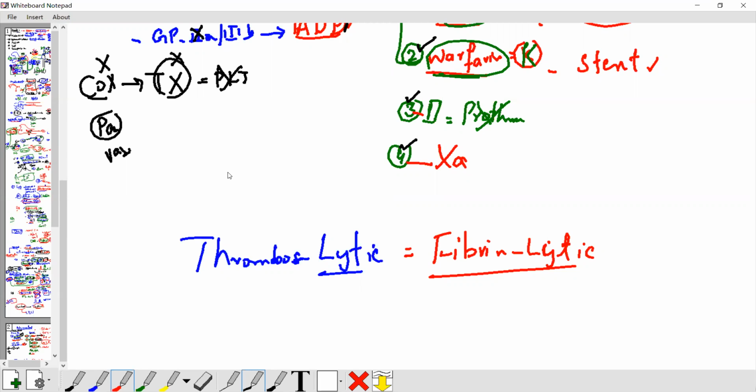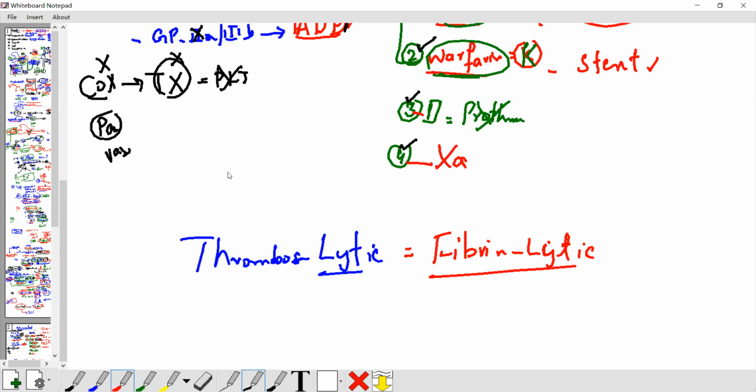If the clot is already formed, now let me know. If a person comes to you with a brain stroke, ischemic brain stroke, or a person comes with MI, having an angina attack, unstable angina, or MI heart attack, which drug to use? The clot is already formed. Your first choice, antiplatelet? No. Anticoagulant?